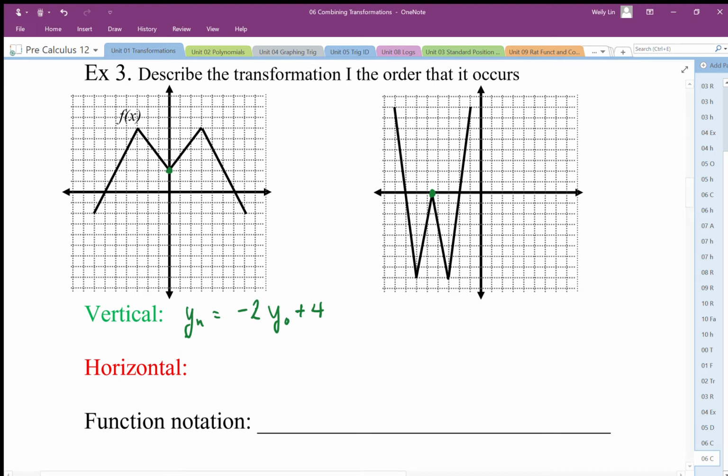Okay, the flip, well, since it's symmetrical, I don't need to worry about it. I could put a flip in if I really wanted to, but since it's symmetrical, I don't need to worry about the flip. So I need to first of all compress it by 2. Okay, and what happens when I compress it by 2? Everything gets squeezed to the x-axis.